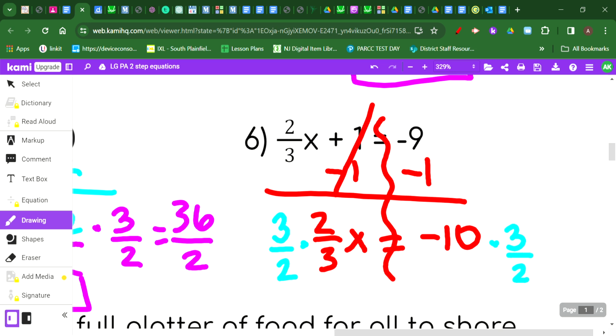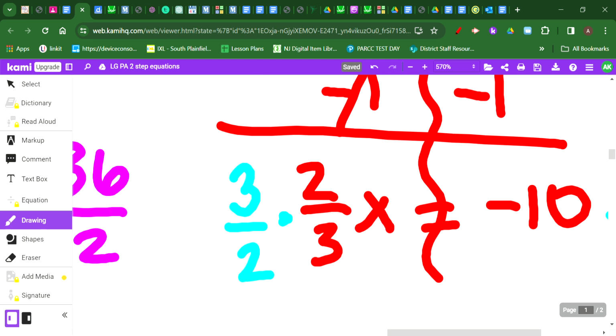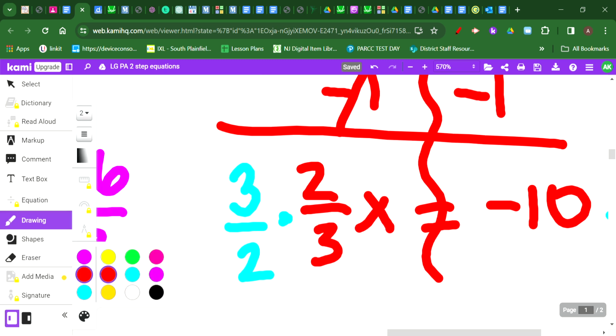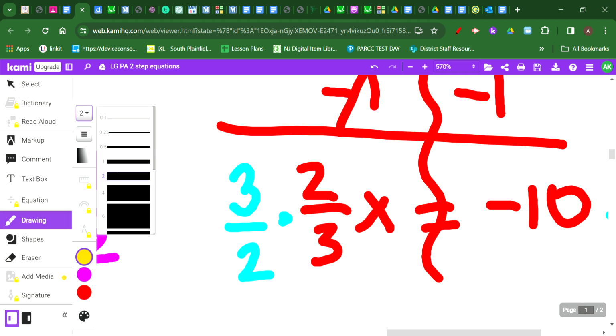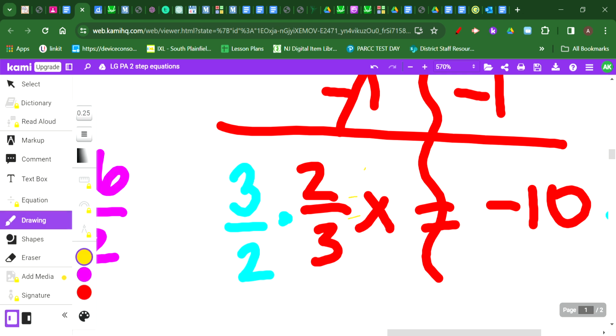When you multiply by the reciprocal, over here on the left side, you'll notice you'll get 3 times 2 is 6, 2 times 3 is 6, so you have 6/6x here, which 6/6 is 1x. That's what you want, 1x.